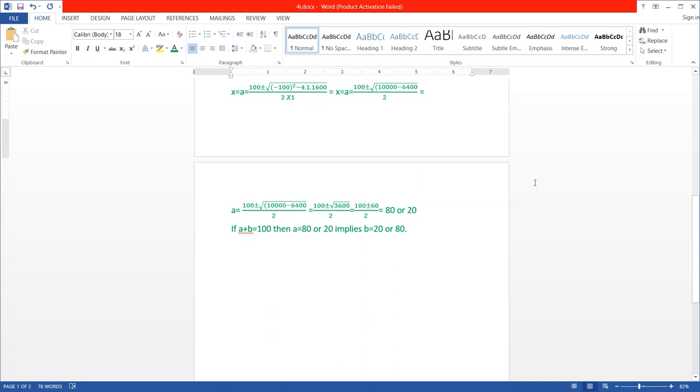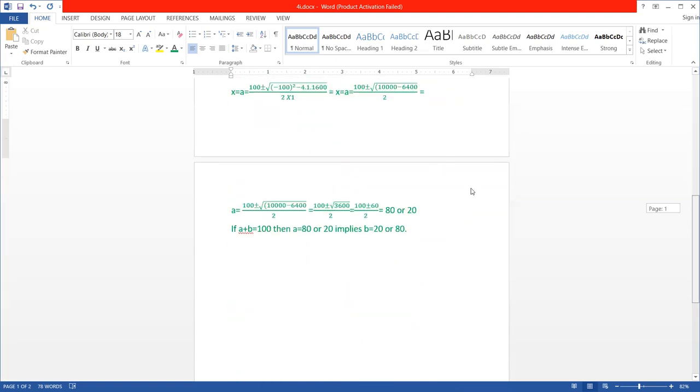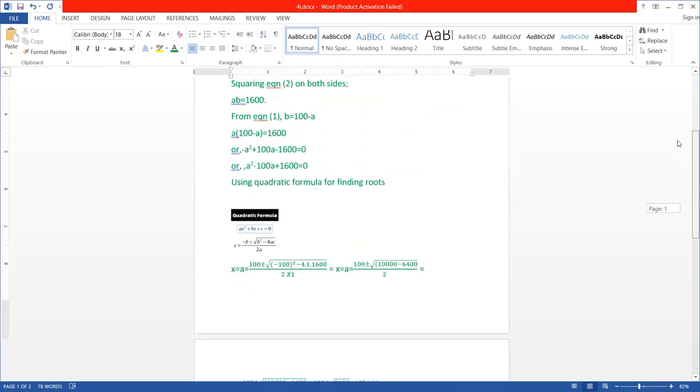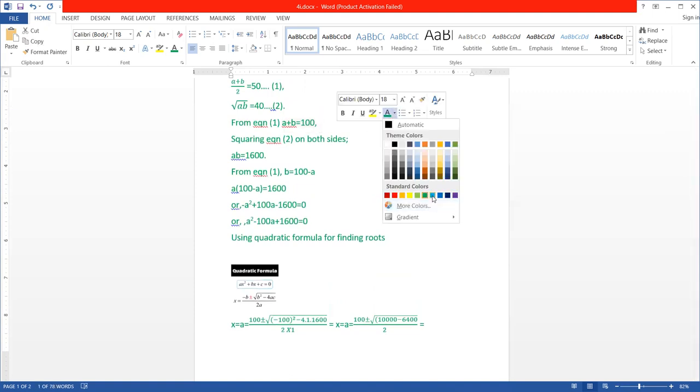So from equation 1, we can see here A plus B equals how much? It's 100.